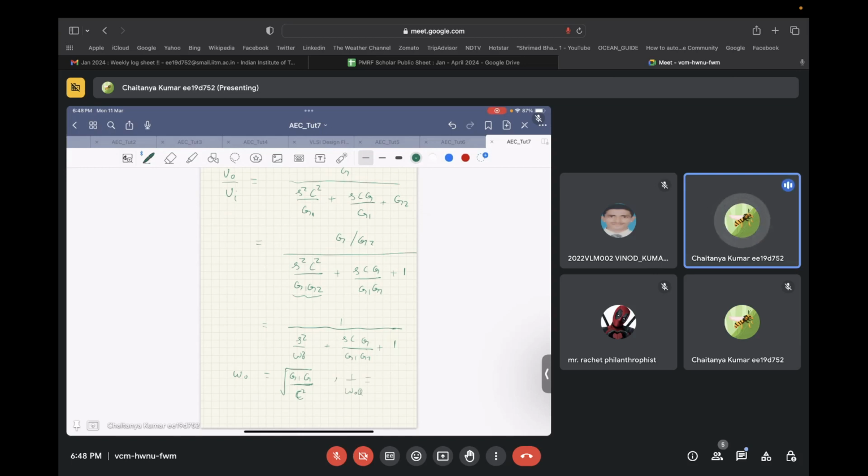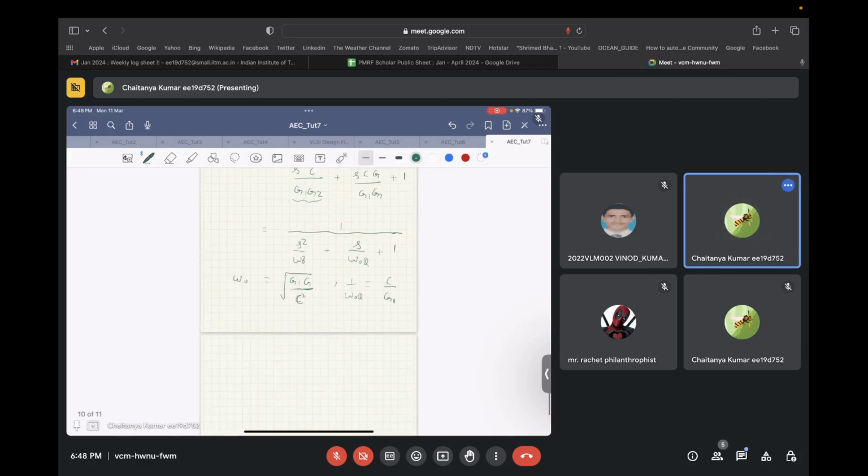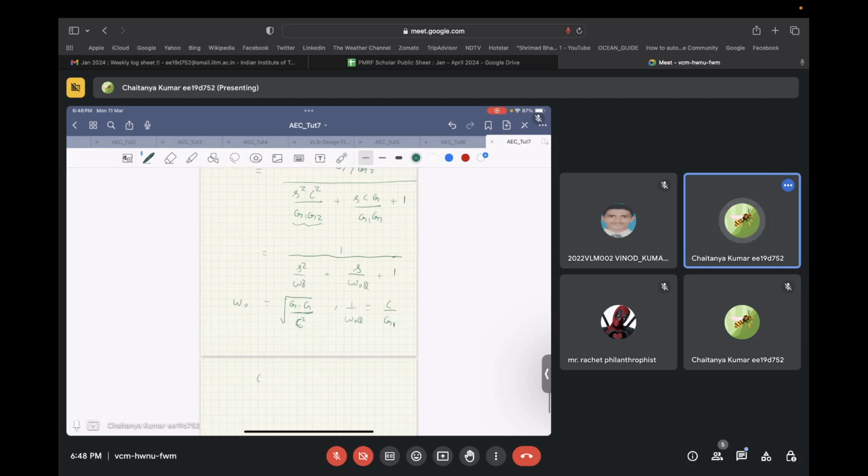That is equal to C. G and G2 can be cut because they are equal. G by G1. Wait a second. S upon omega naught Q. So from here, Q is equal to 1 upon omega naught C times G1.